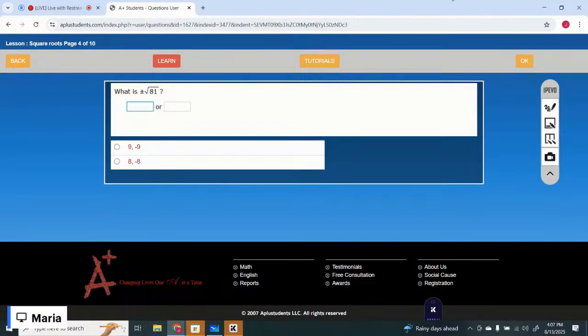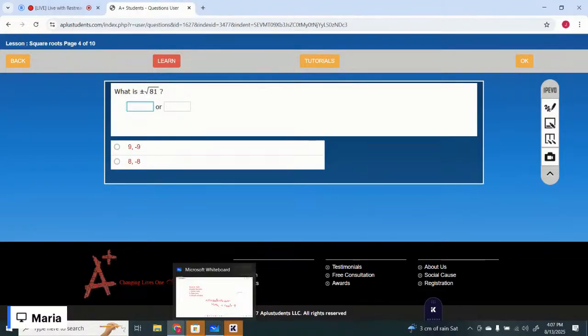What is plus minus square root 81? So 9 times 9 is 81, right? Option number 1 is the correct option.